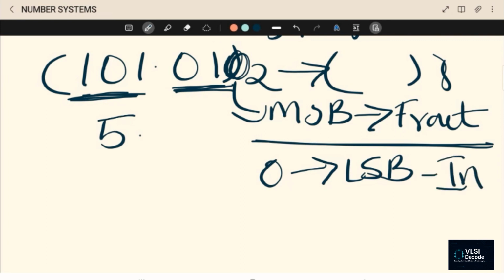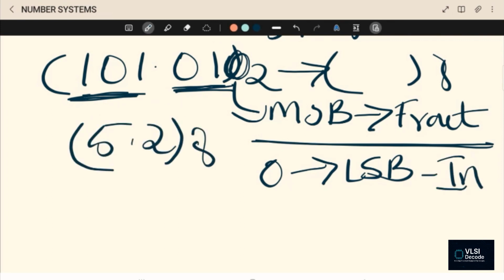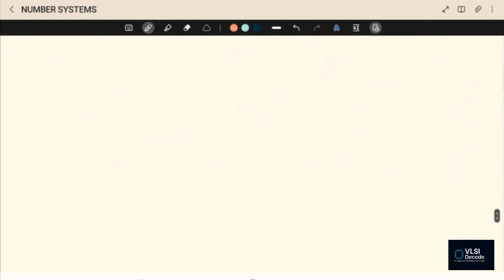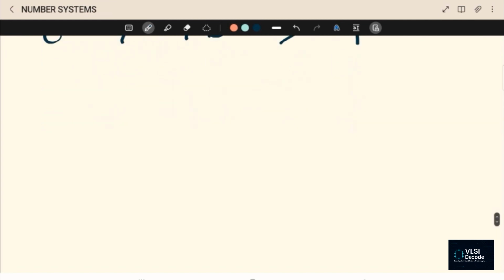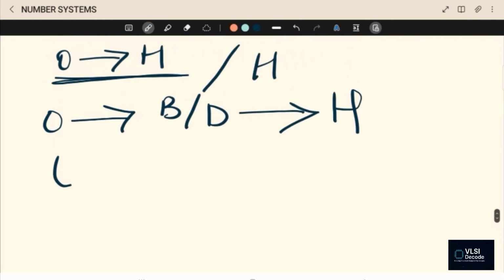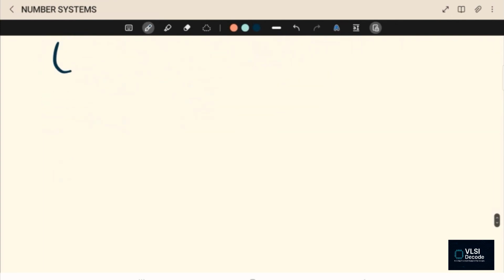Suppose in my integer part I don't have enough bits, then I can append zeros at the start. Then to convert octal into hexadecimal, you first convert into binary or decimal and then hexadecimal. Similarly, for hexadecimal to octal you follow the same procedure.